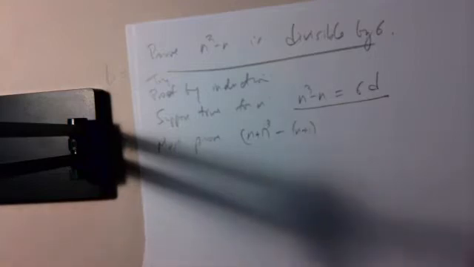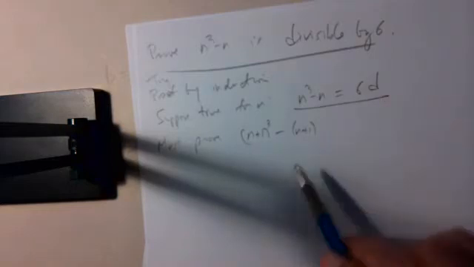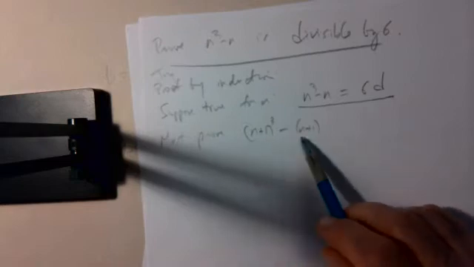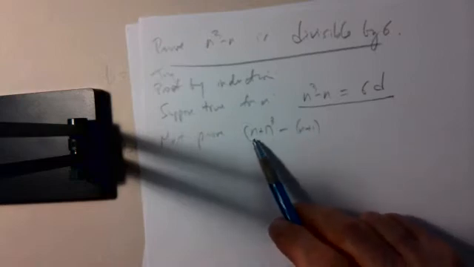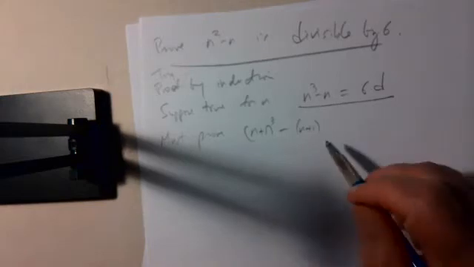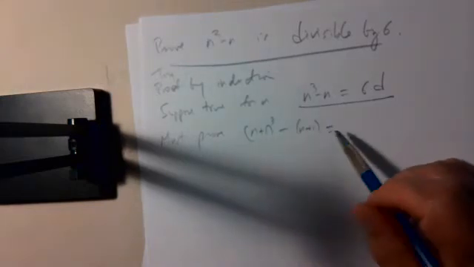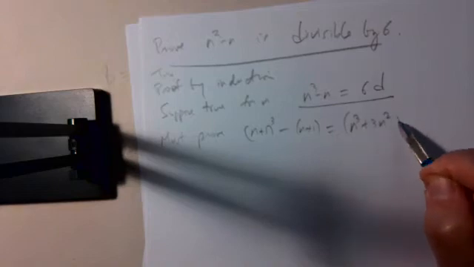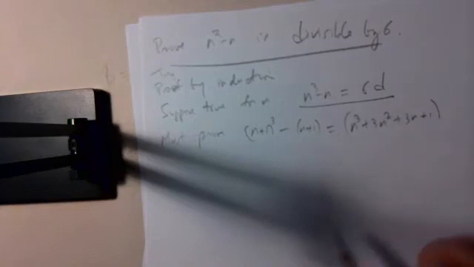So this is what you're suggesting we try? If it's true for n, see if it's true for n plus 1. So what do we do with this? Well, we could just expand n plus 1 cubed. So if you take n plus 1 and you cube it, you get n cubed plus 3n squared plus 3n plus 1. And you're subtracting n plus 1.